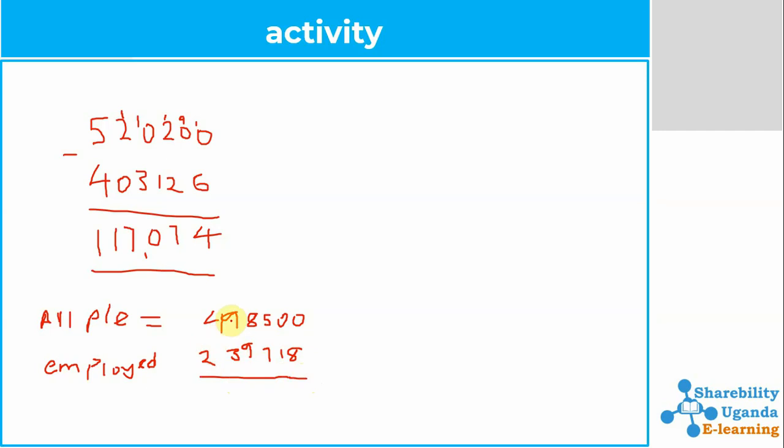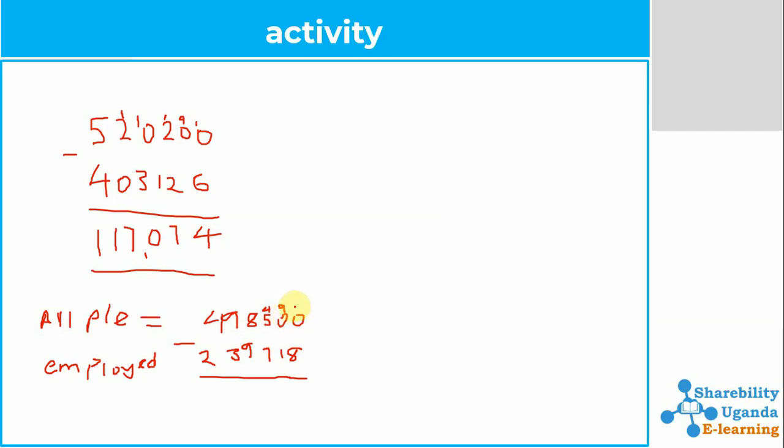So for us to get the number of people who are not employed, we shall have to subtract the total number of people, 498,500, minus the 239,718. When you make the subtraction, you can see we have a 0 here. So we borrow 1 from here. We are going to remain with 4, and here we remain with 9, because when you bring a 1 here it becomes 10, and 10 minus 1 becomes 9.